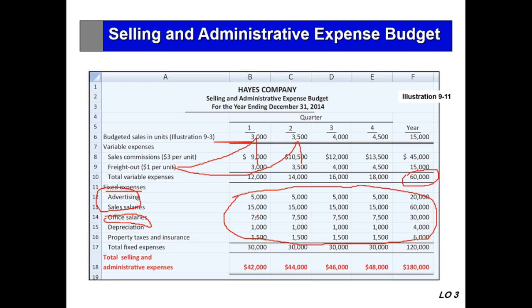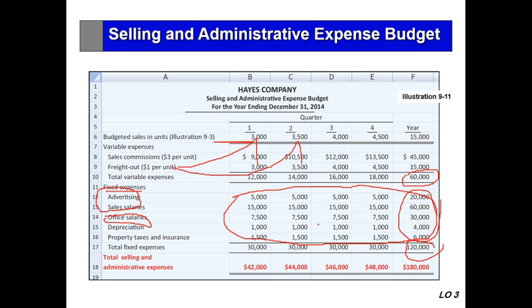Here office salaries 7,500 for every quarter, 30,000 for the year. Depreciation 1,000, 1,000, 4,000 for the year. Property taxes and insurance 1,500 for every quarter, 6,000 for the year. The total fixed selling and administrative expenses is $120,000.